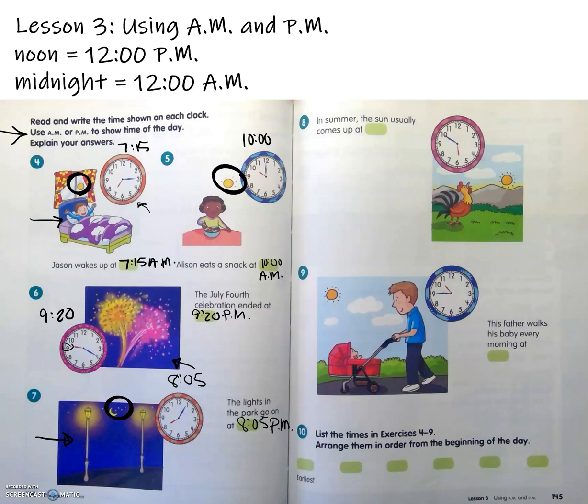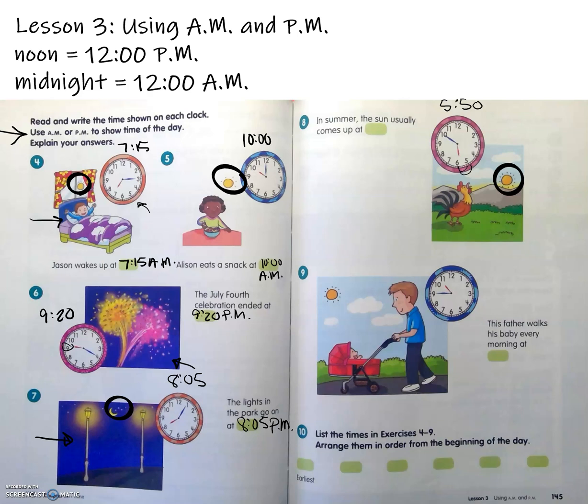Now let's look at number 8. This clock has the red short hand between the 5 and the 6, and the long blue hand pointing to the 10. It is closer to the 6 than the 5, but it is still between those two times, making the hour 5. And my long blue hand is pointing to the 10, making it 50 minutes. So it's 5:50. Now, the sun I can see from this picture looks like it's starting to set.